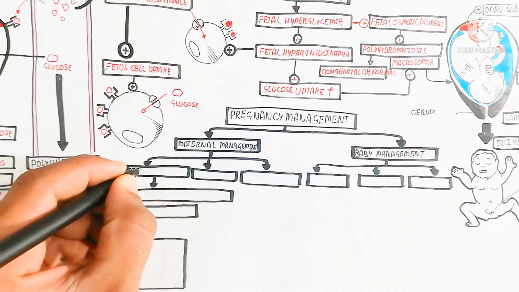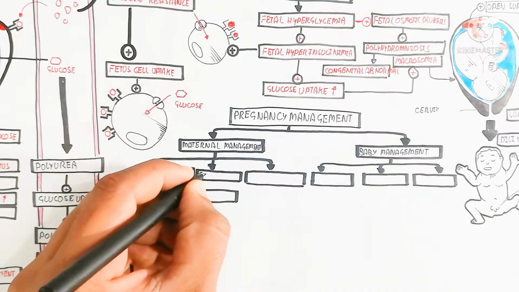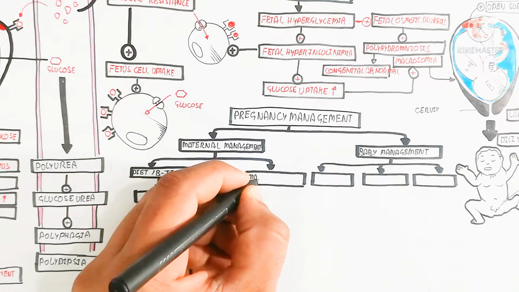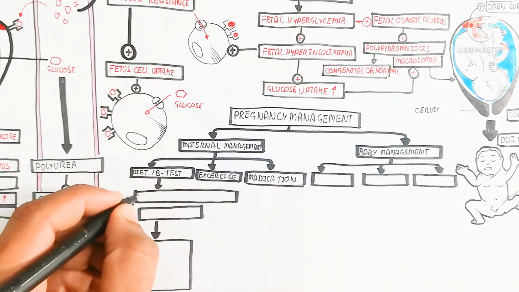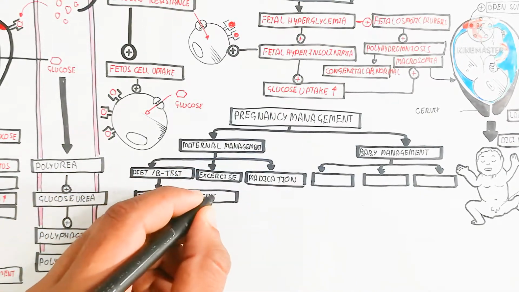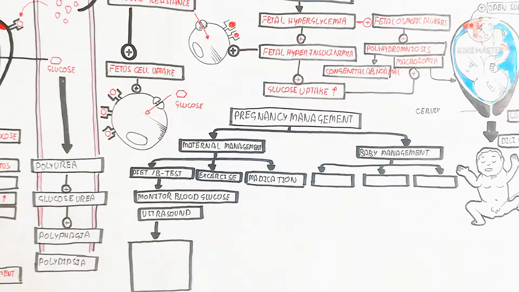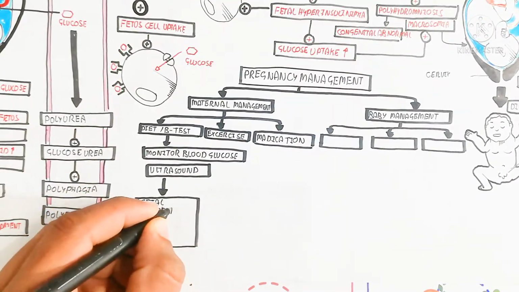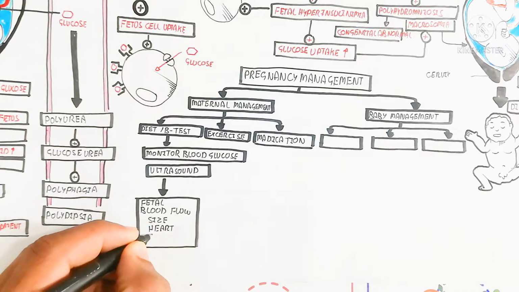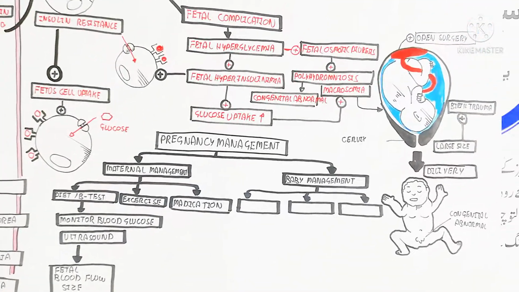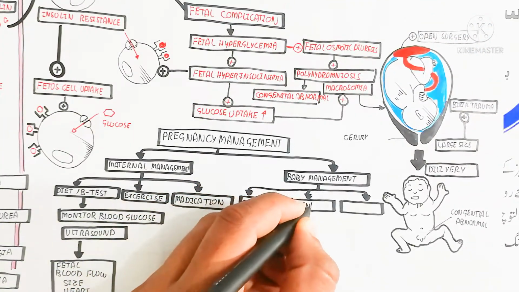So the maternal management can be diet and blood test, exercise, and medication. In diet and blood test, we monitor blood glucose 5 times a day, and the ultrasound can check the baby for fetal blood flow, size, and heart rate.